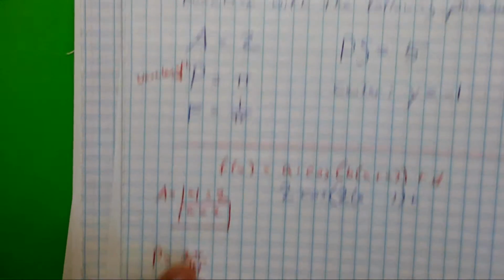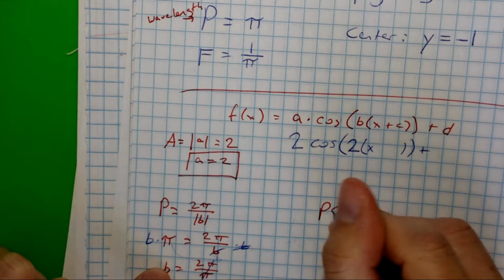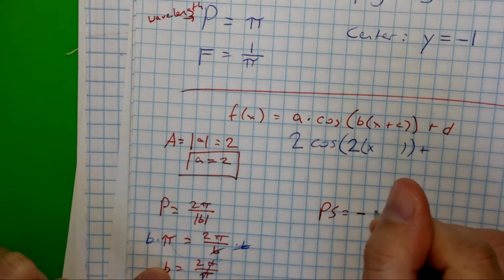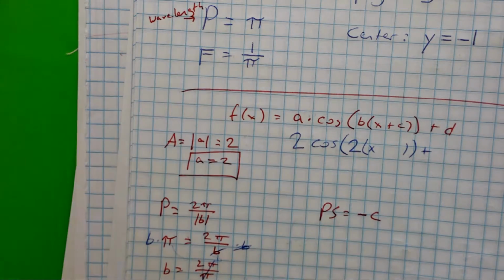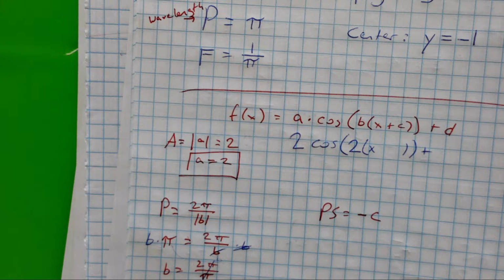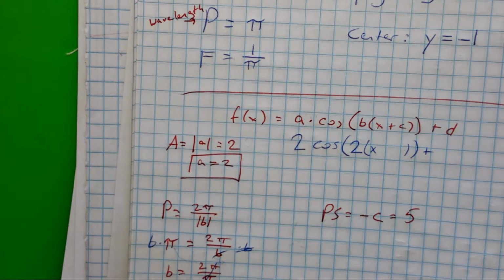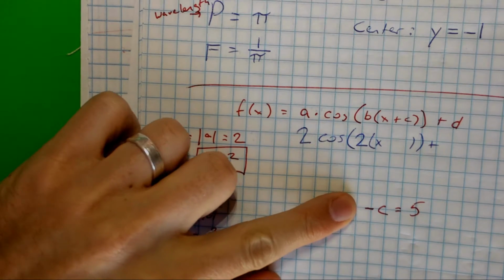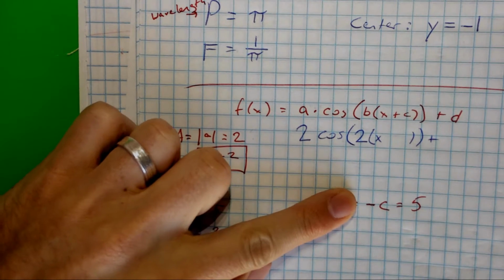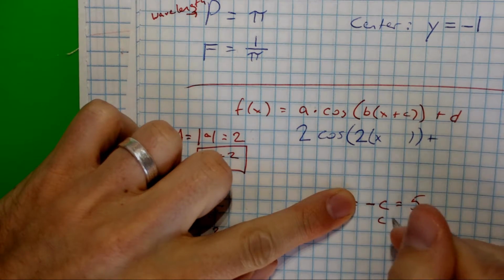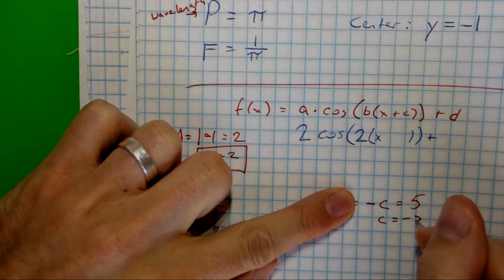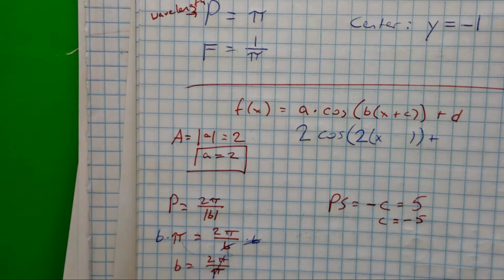So that's going to give me C. So the phase shift, our formula for that was negative C. And by the way, if you weren't here yesterday, all of these formulas are on this paper up here. So in other words, negative C is equal to 5. So there's my equation. Negative C is equal to 5. So what is C equal to? Negative 5.